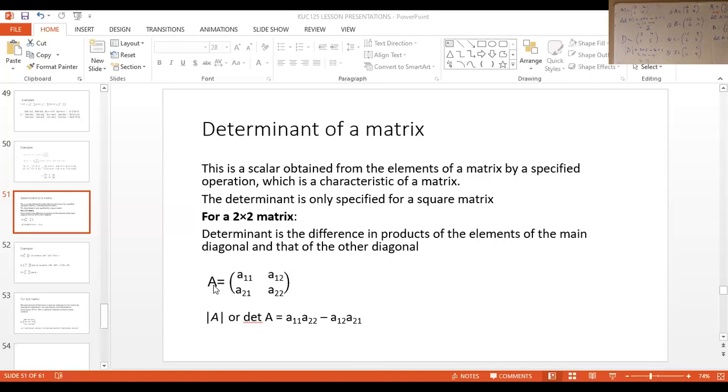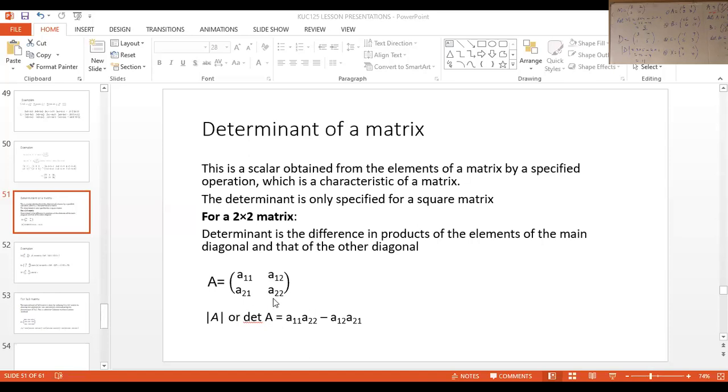If I have a matrix A, where the first element is A11, meaning it's row 1, column 1. The second element in row 1 is A12, so this is the element in row 1, column 2. Then in row 2, I have A21, an element in row 2, column 1. Then I have A22, an element in row 2, column 2.